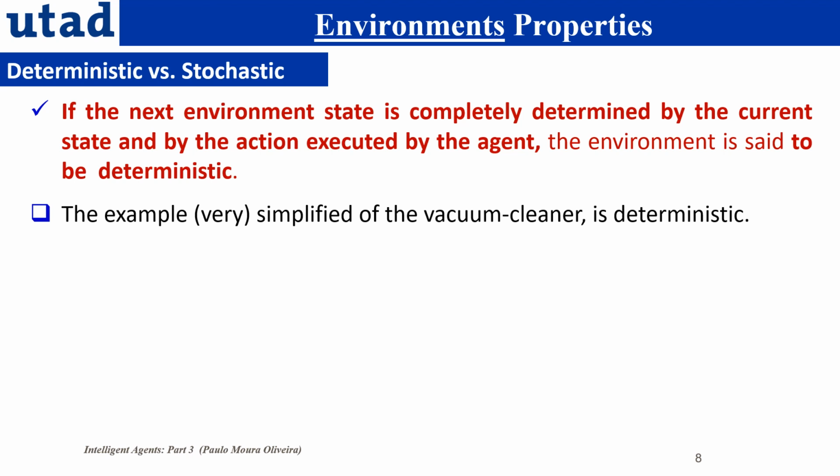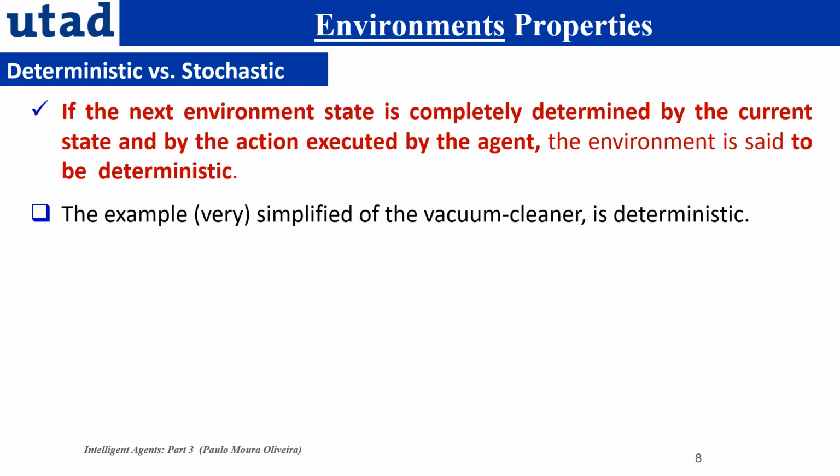Regarding deterministic versus stochastic, if the next state is completely determined by the current state, then the environment is said to be deterministic.